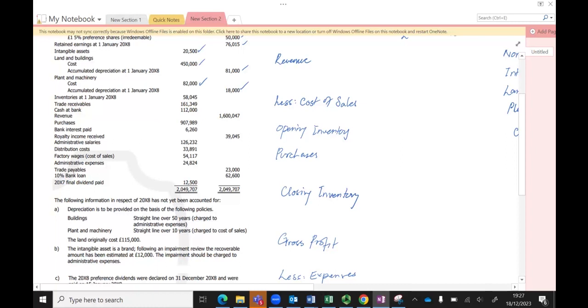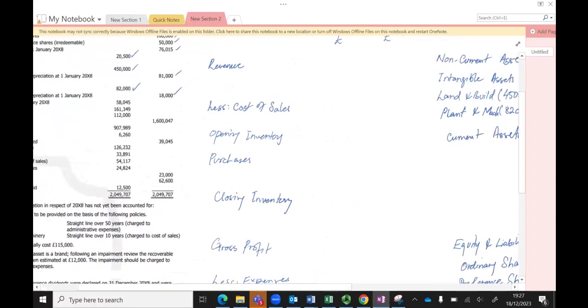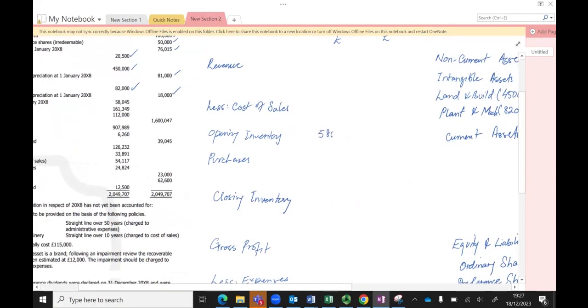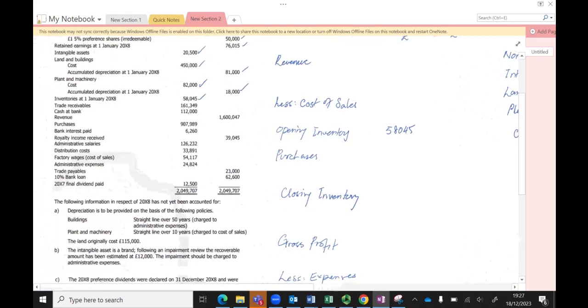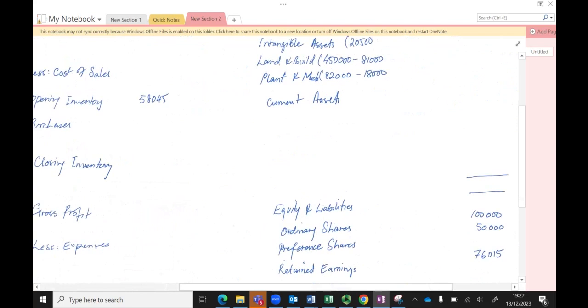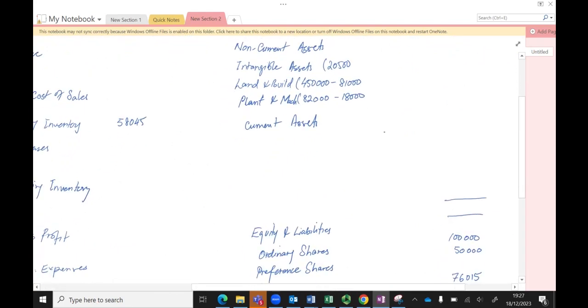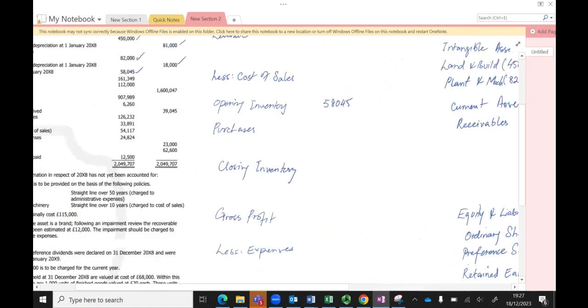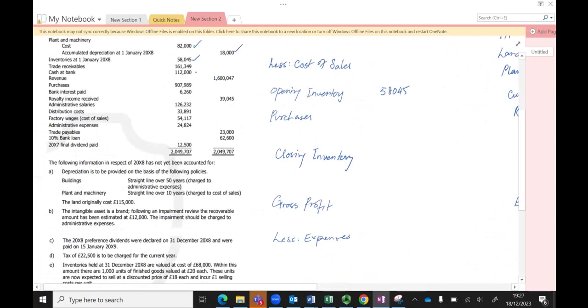Inventory opening balance is 58,045. Trade receivables 161,349. Cash at bank is 112,000.